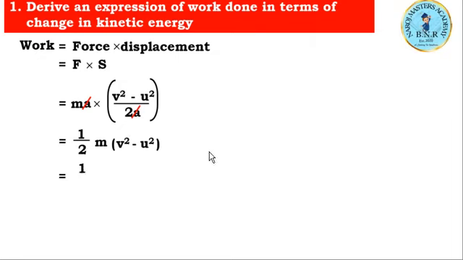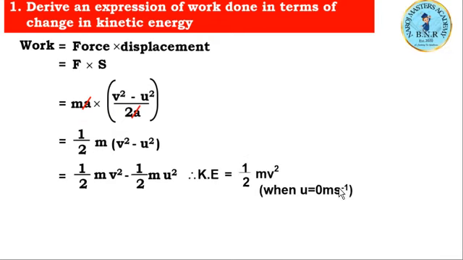If the body was initially at rest, then initial velocity is 0 and final velocity is v, then it is half mv square, which is half mv square minus half mu square also; both are the same. If initial velocity is given, then the change in kinetic energy is half mv square minus half mu square. Is it clear?